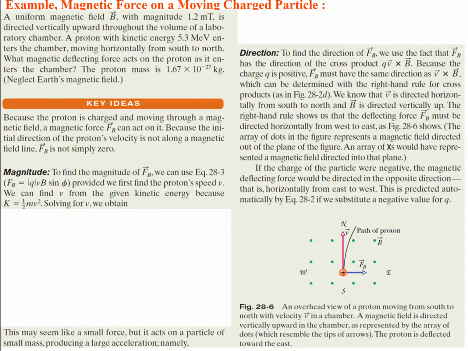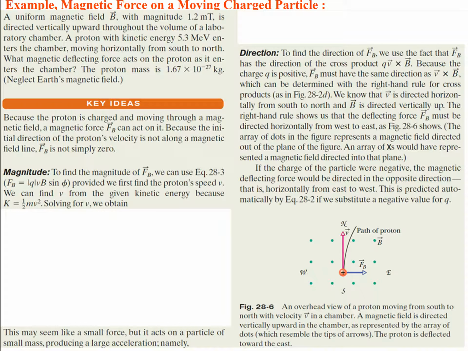So this is going horizontally along the floor and through the room. What magnetic deflecting force acts on the proton as it enters the chamber? The proton's mass is 1.67 times 10 to the negative 27th kilograms, and we're going to neglect Earth's magnetic field.